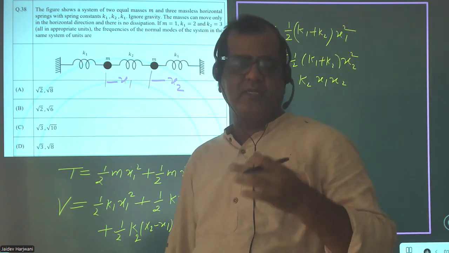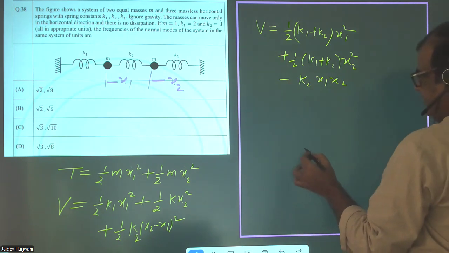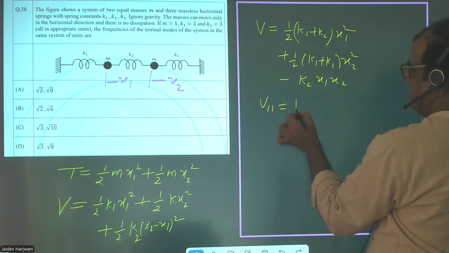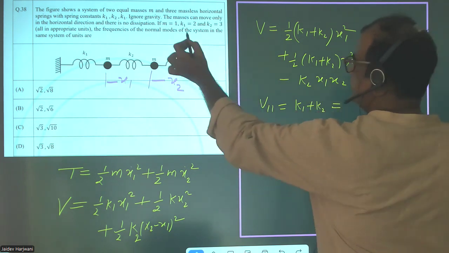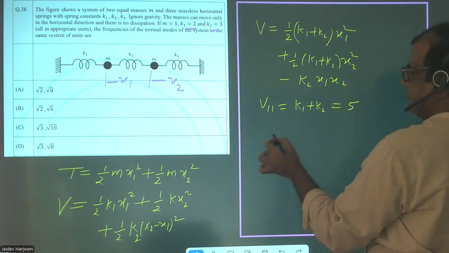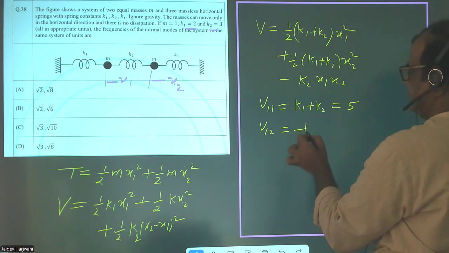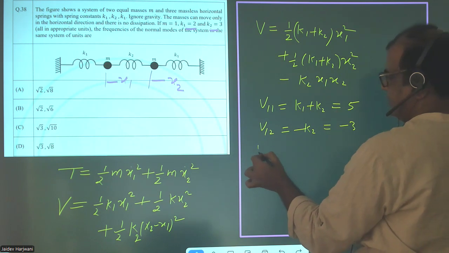So from here, now I can write the matrix elements for V. V11 will be simply k1 plus k2. Now k1 is given 2, k2 is 3, so this becomes 5. V12 is minus k2, k2 is 3, so this becomes minus 3.